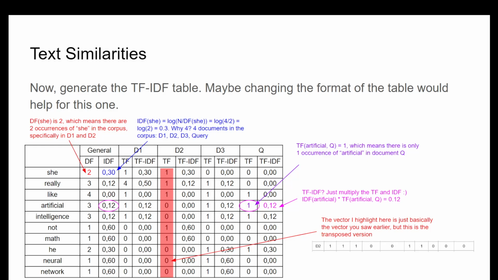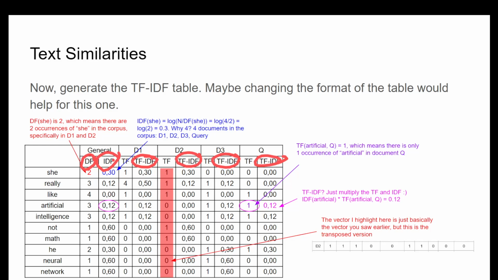Basically, you have to fill these TF-IDF columns over here to get the vector representation, right? So you have to remember what DF and IDF actually are. IDF stands for inverse document frequency. In order to know IDF, you have to know about DF itself. So what is DF?